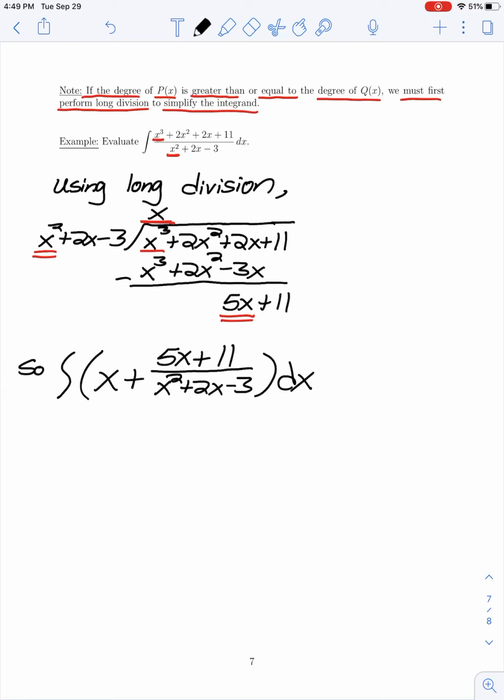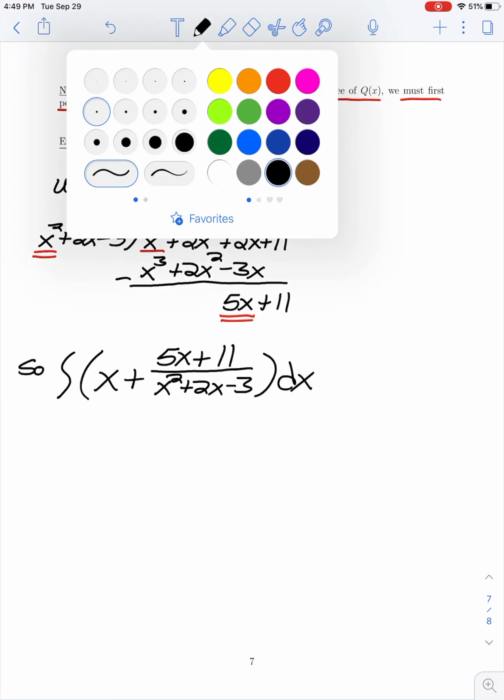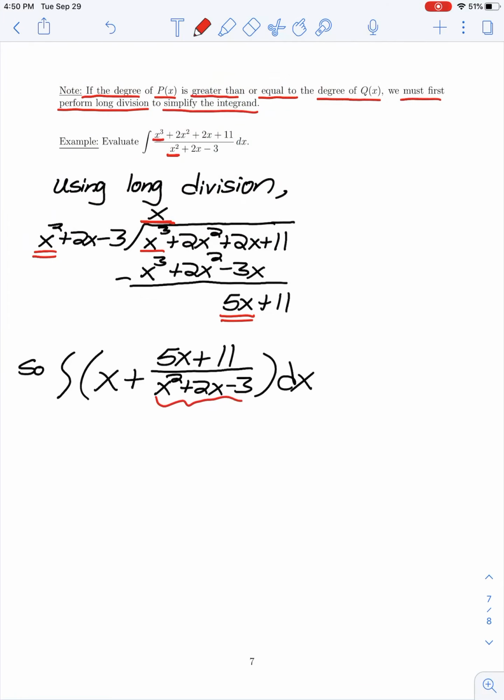The first term in this new integral, x, I know how to evaluate directly, and this second term is now a rational function where the degree of the numerator is less than that of the denominator.